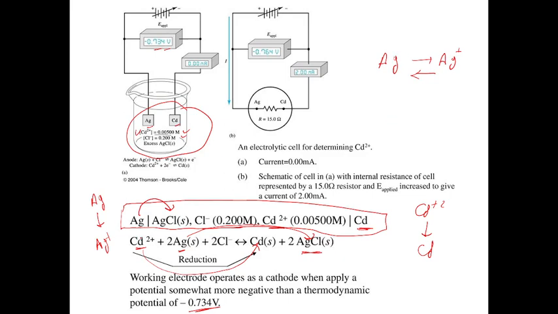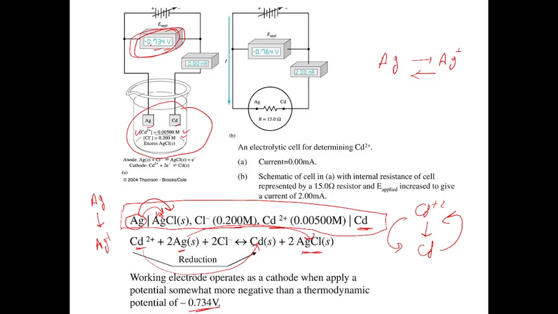But here we are converting solid Ag to Ag plus. Here also cadmium will easily convert to Cd plus 2, but here we are doing the reverse reaction. That's why the potential is negative. It is non-spontaneous, so you need to apply a reverse potential. That's why the sign will be changed.